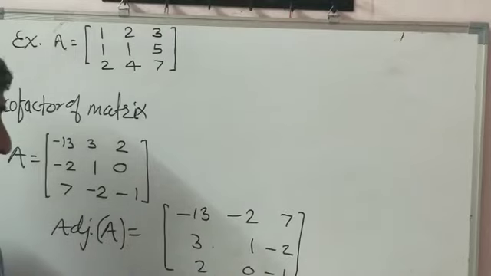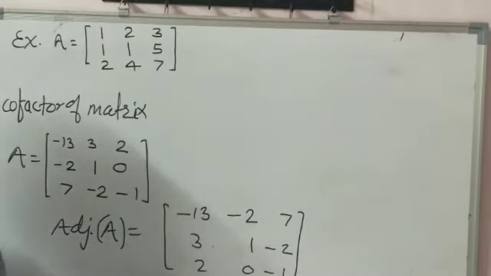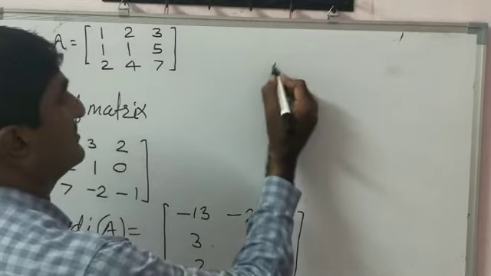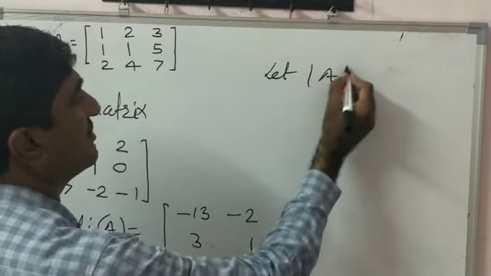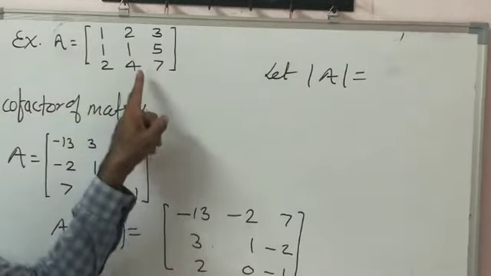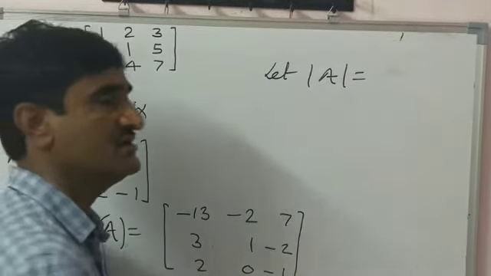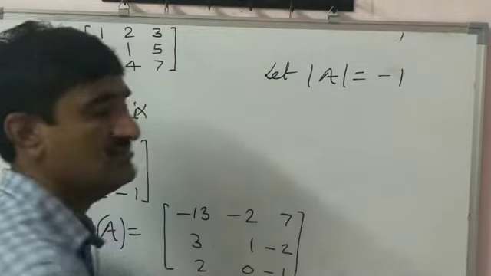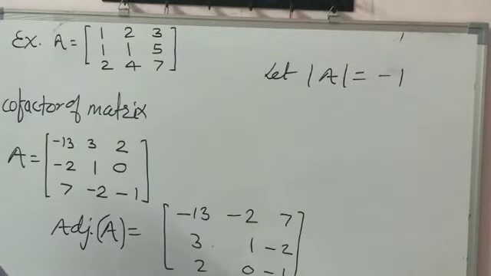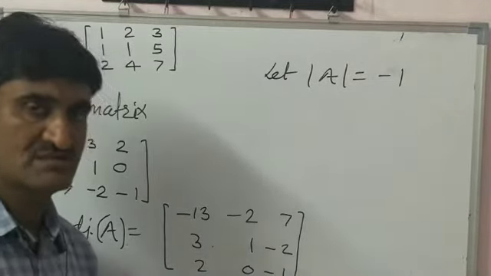How to find the inverse? Find the value of the matrix and divide all elements by the magnitude of the matrix. Now the magnitude of A: if we solve this matrix by converting it into a determinant, we get the answer minus 1.